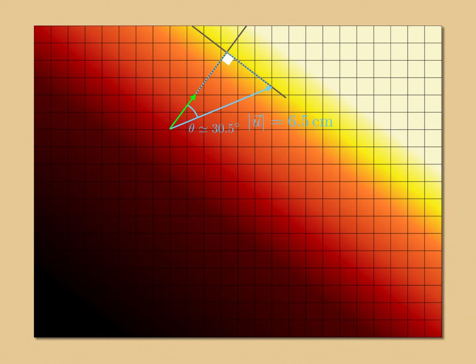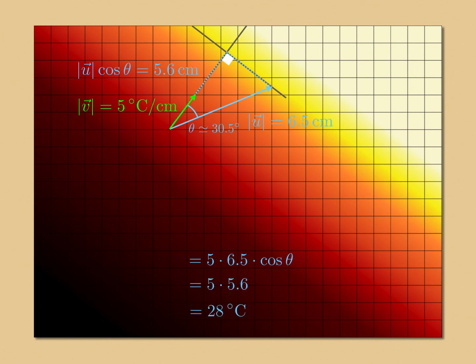Simple trigonometry gives the length of the component along the gradient, 6.5 centimeters times the cosine of the angle. The change in temperature occurs at the rate of 5 degrees Celsius per centimeter along the gradient, so it is 5 times 6.5 times cosine of the angle, which gives 28 degrees Celsius, exactly the same as the component formula.